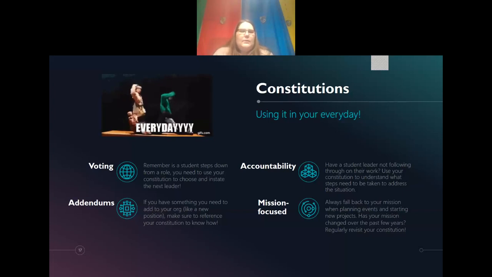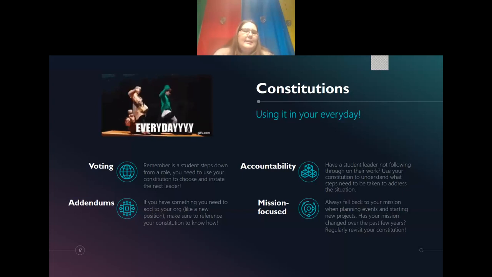And then going through those steps to make sure that you're never having any, so to say, bad blood between members. If someone didn't feel like they were fairly given a chance to be in a role, or someone was unfairly made into that new leadership position. And then that comes down a lot of times to addendums.